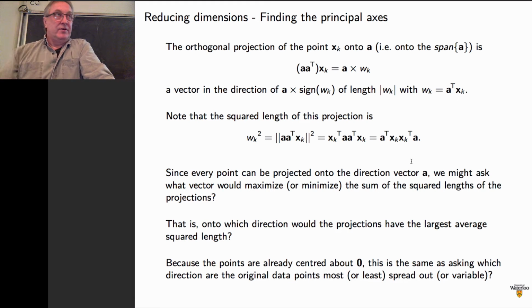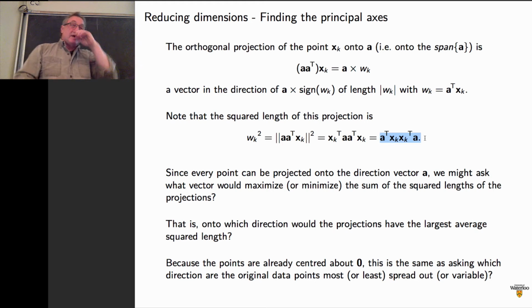And I've got n of those points. I may think about, well, what about the average of all of these over k equals 1 to n? Look at the average squared length onto that direction vector A, and ask, is there a direction that maximizes that or minimizes that?